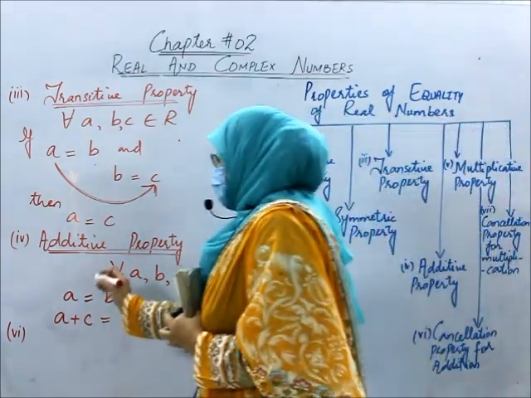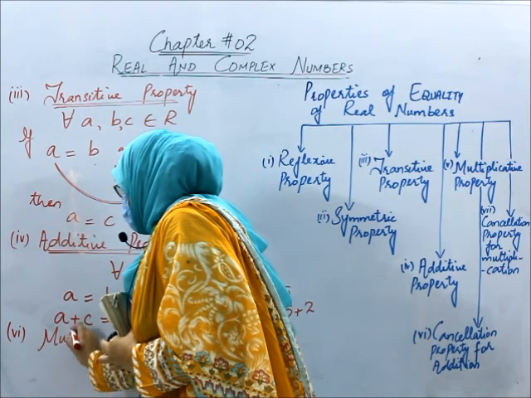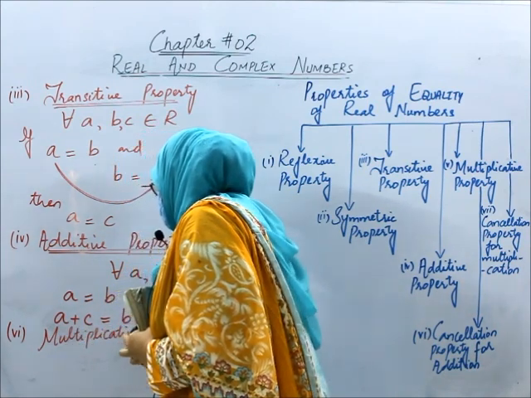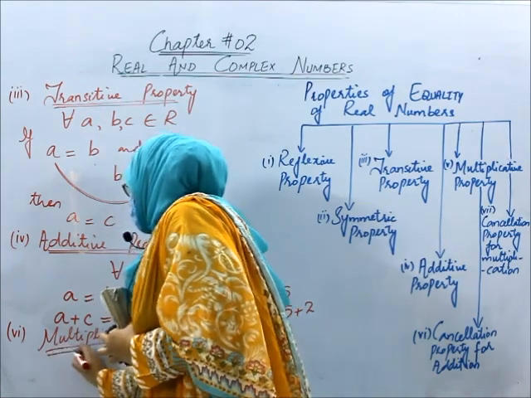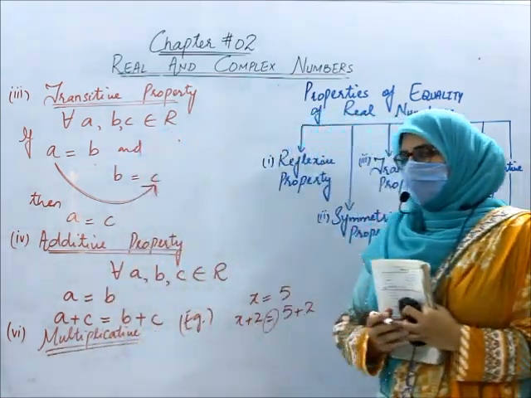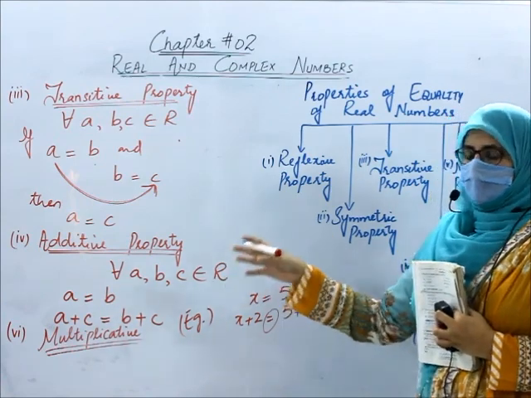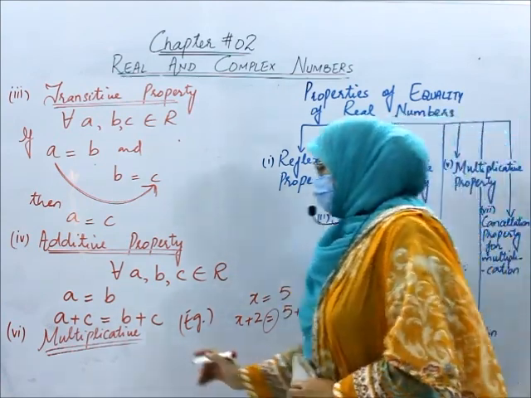So the next property is the multiplicative property. The multiplicative property says that if we have an equation and we multiply a number on the left side, we will multiply the same number on the right side.